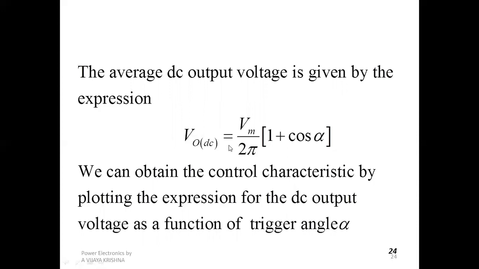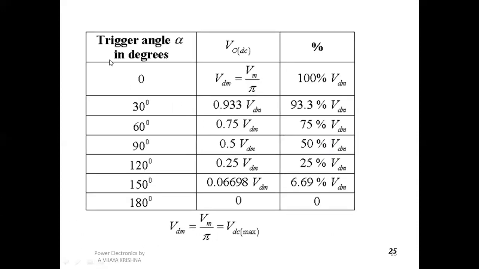Next, we can obtain the control characteristics by plotting the expression for the DC output voltage as a function of the triggering angle. How can you plot this? Here, we consider the triggering angle alpha in degrees, and the output voltage, and what percentage we are getting.